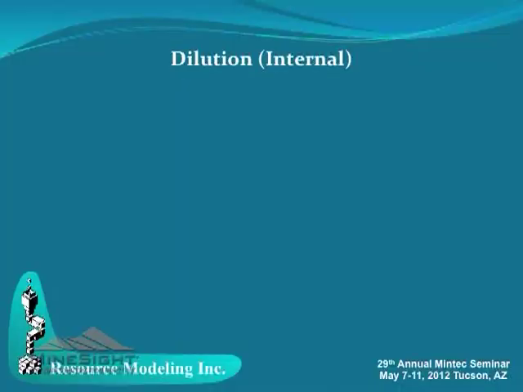So with that quick little introduction, I want to go to something that's much more meaningful, and that's trying to assess the amount of dilution that you may incur by mining larger and larger bench heights or SMUs.